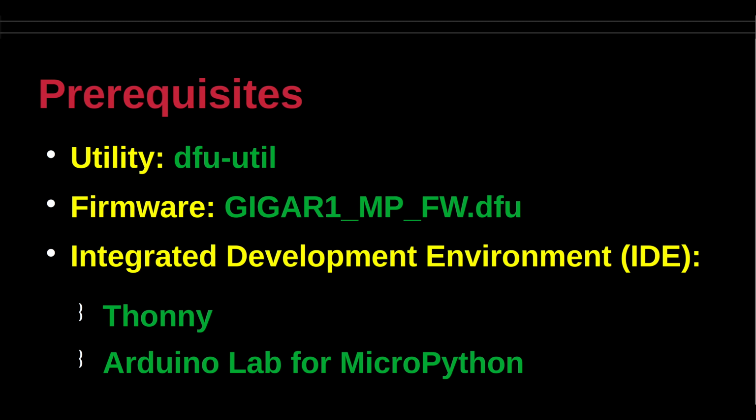The utility program to flash the firmware is dfu-util. This program will have to be installed on the host computer to perform the flash operation. The firmware file must be obtained from the Arduino site. The two recommended IDEs for development work on the board are Thonny and Arduino Lab for MicroPython.